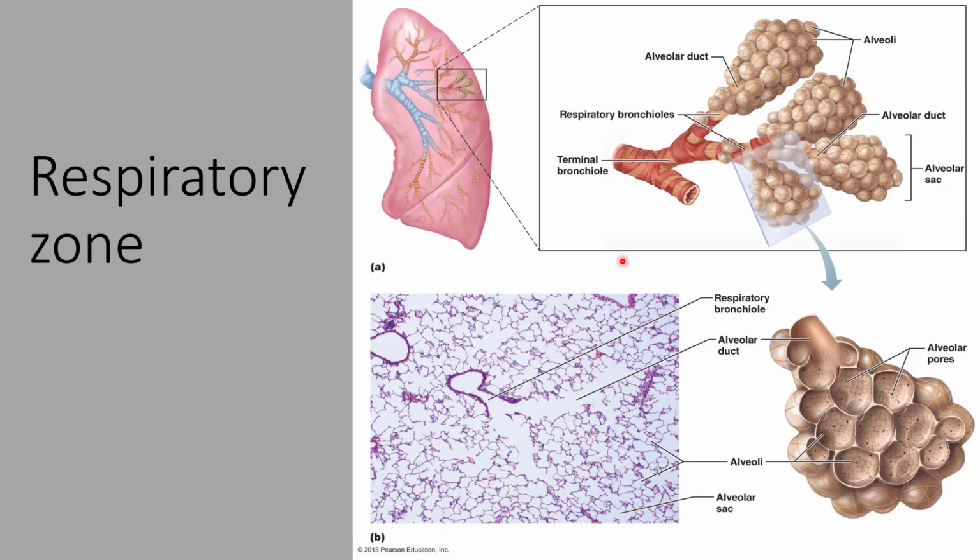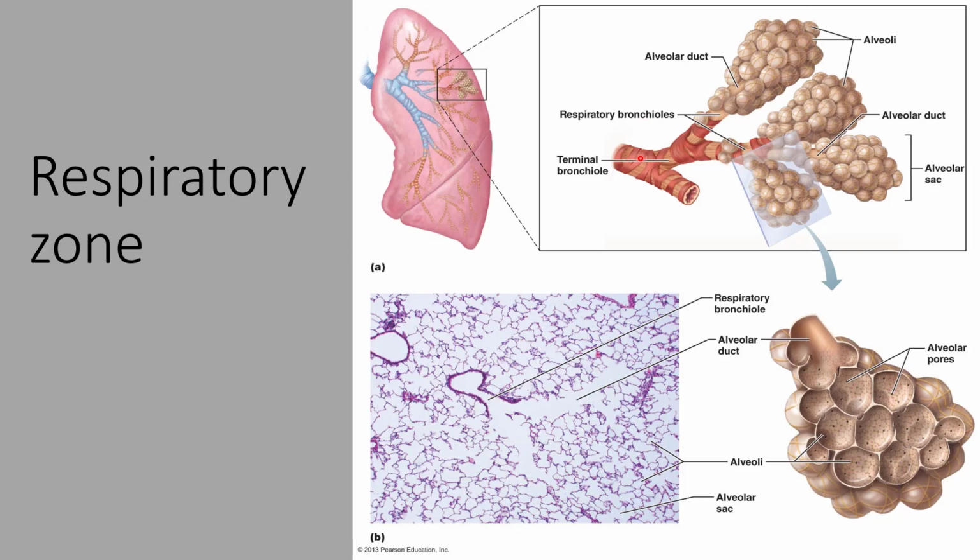So now we are down past the conducting zone and we have reached the respiratory zone. The respiratory zone is concerned with exchange of gases. This is where oxygen that we breathe in moves from the lungs into the blood, and where carbon dioxide waste moves from the blood into the lungs. Here we have blown it up a little bit.